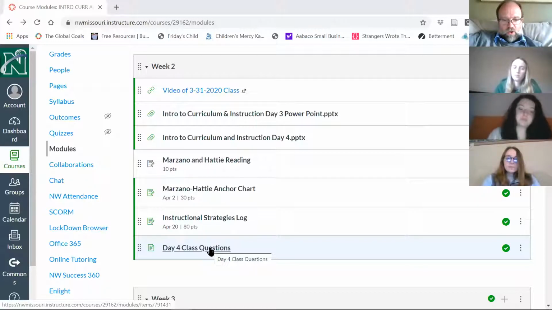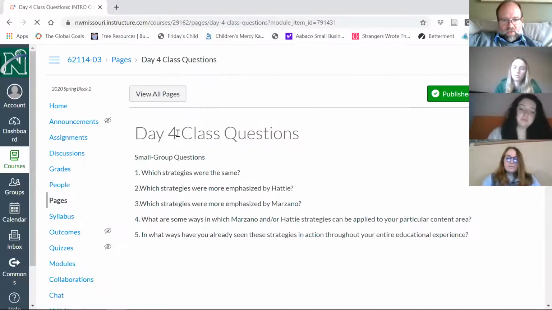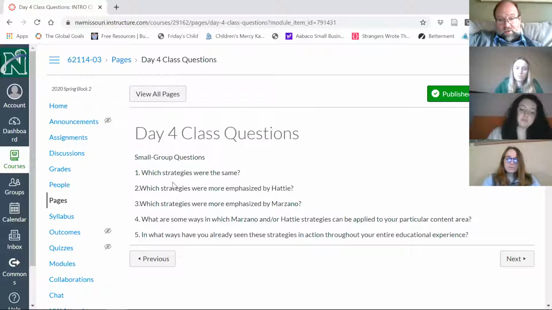When you're in your smaller groups in just a few moments, if you click on the day 4 class questions, you'll see there are 5 of them talking about similarities and differences. What strategies were the same? Which strategies were more emphasized by Hattie or by Marzano?